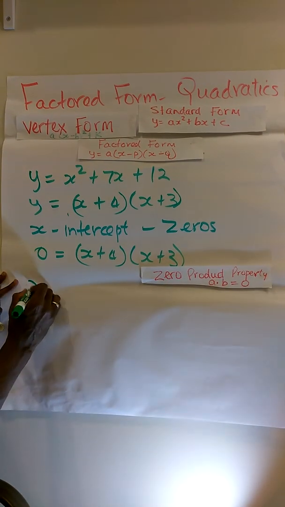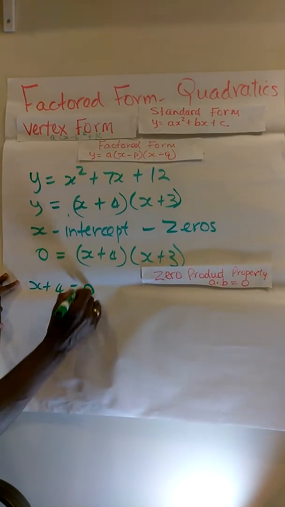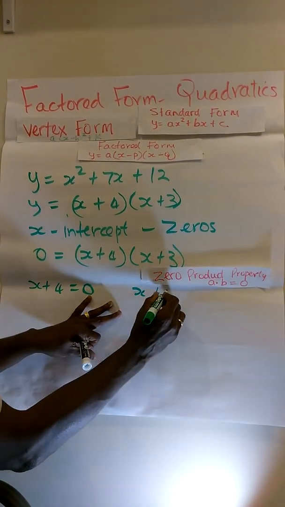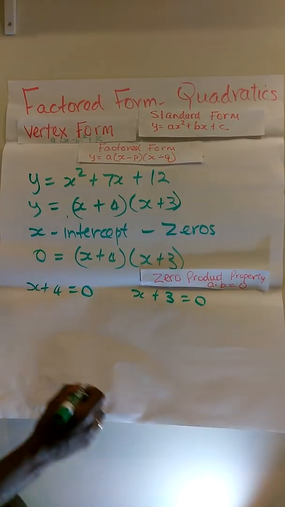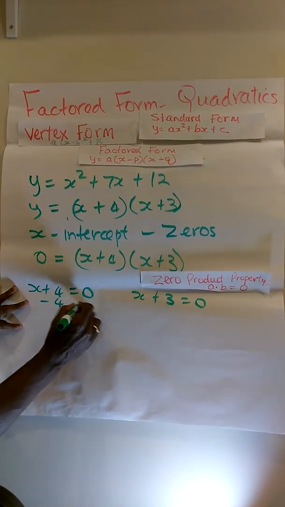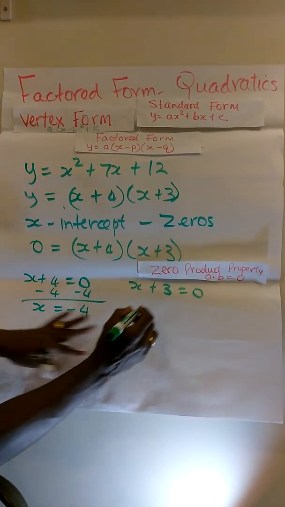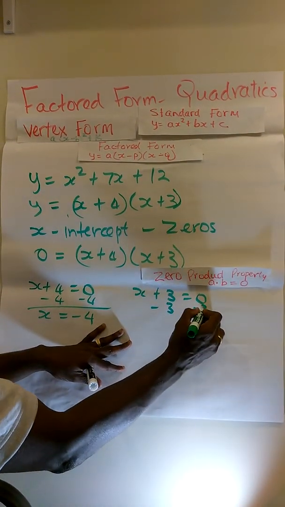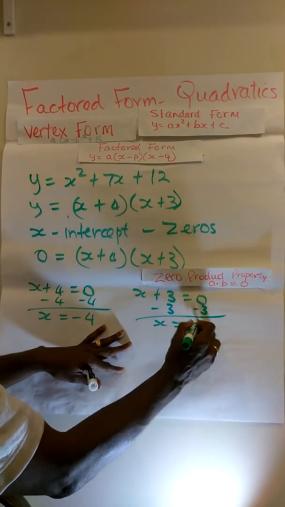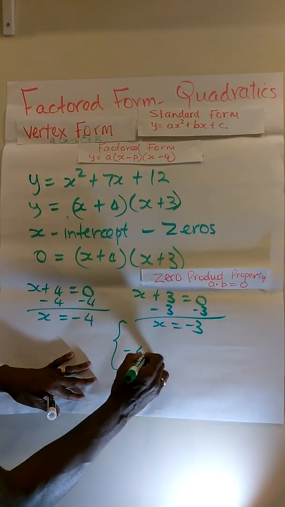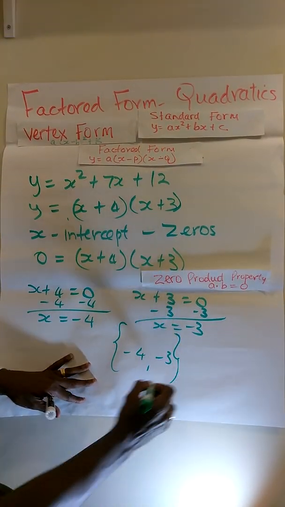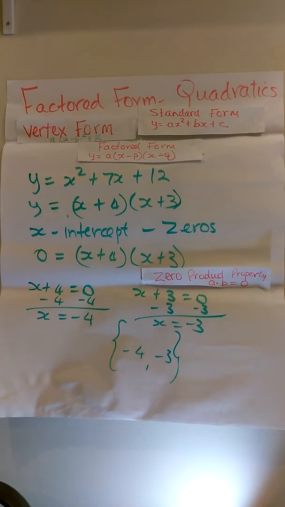So in this case, x plus 4 could be equal to 0, or x plus 3 could be equal to 0. So when we solve these equations, we would get x is equal to negative 4, or x is equal to negative 3. So those are my two possible zeros for this quadratic.